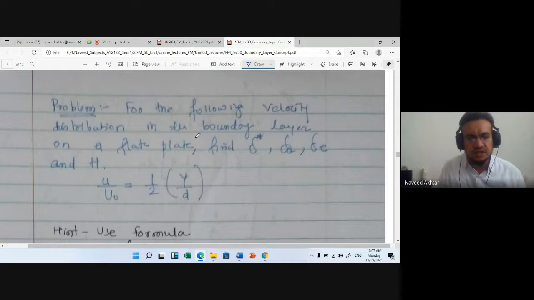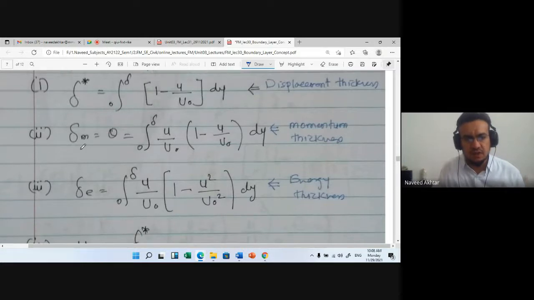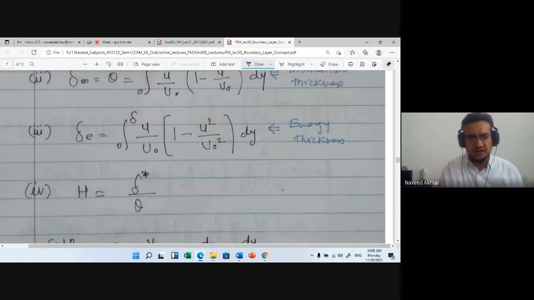For the following velocity distribution in the boundary layer, u upon u0, where u0 is the free stream velocity and u is the velocity inside the boundary layer, the distribution is given as half into y upon del. We used four formulas: displacement thickness, integral 0 to del of 1 minus u upon u0 dy; momentum thickness theta or delta m, integral 0 to del of u upon u0 into 1 minus u upon u0 dy; energy thickness, integral 0 to del of u upon u0 into 1 minus u square upon u0 square dy; and the shape factor, del star upon delta m, or del star upon delta theta.